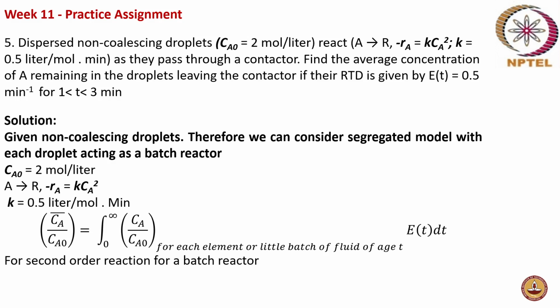Now for a second order batch reaction, because minus Ra is K into Ca square, Ca by Ca0 is given by 1 divided by 1 plus K into Ca0 into t.